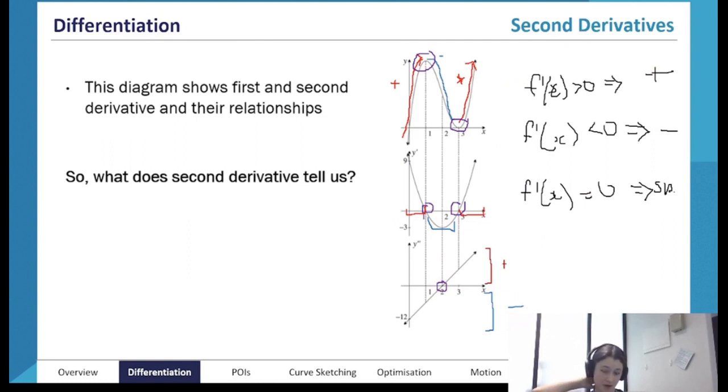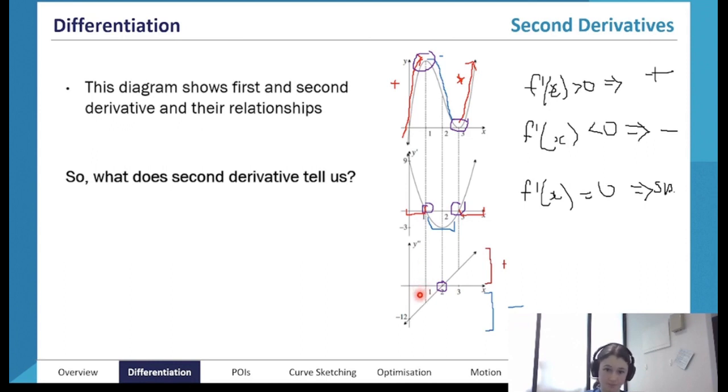Now, the other thing that I want to point out, and this is the more typical application of the second derivative, is its relationship with the original function. What I want to point out to you guys is that the second derivative tells us about the concavity of the original function.